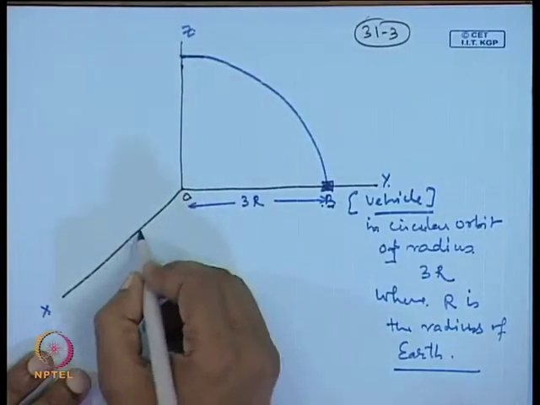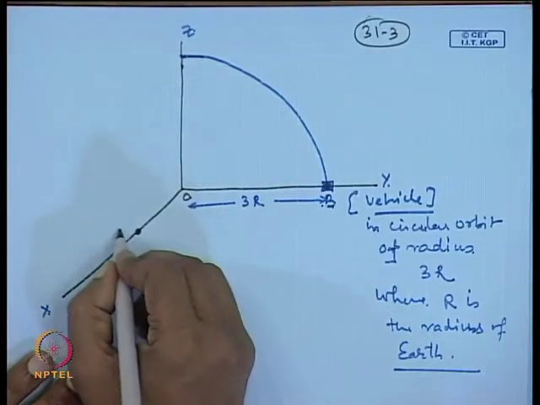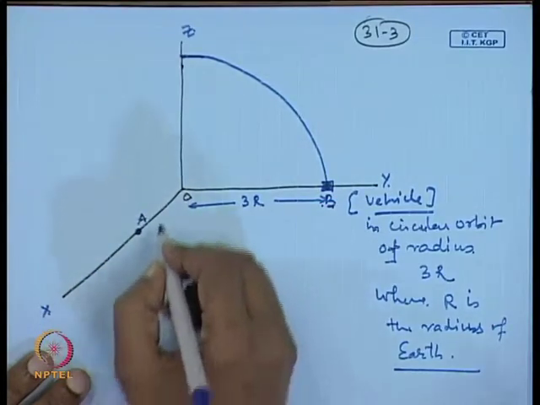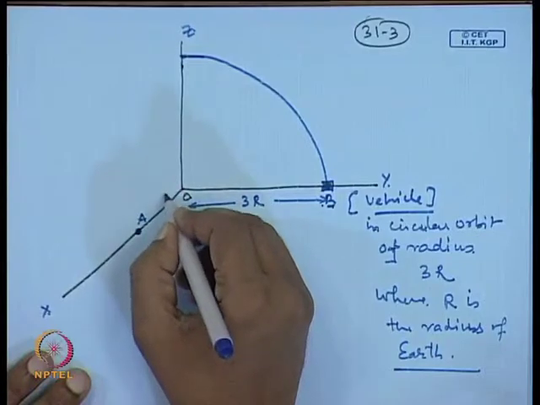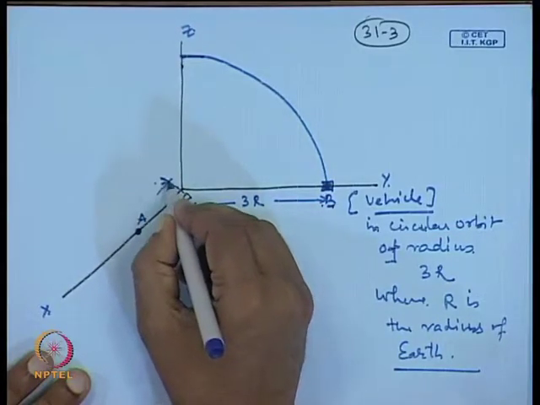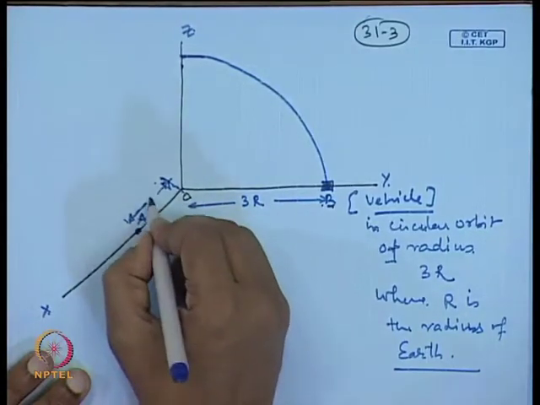Another satellite you have is here at point A, and the distance from this point is r.